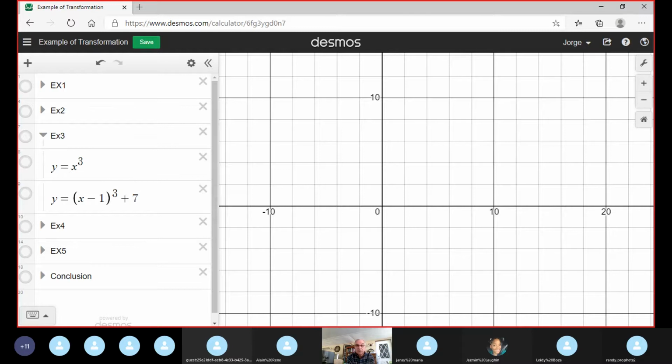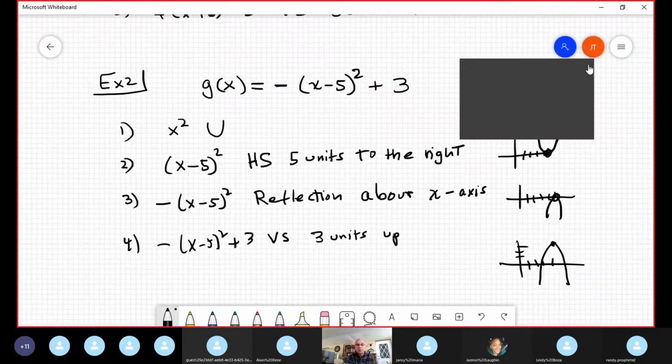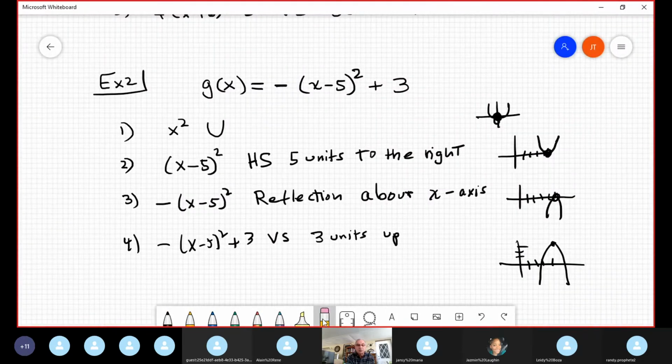Example 3. Let me go to the whiteboard. Okay, whiteboard now. Let me erase the board because there is too much information.